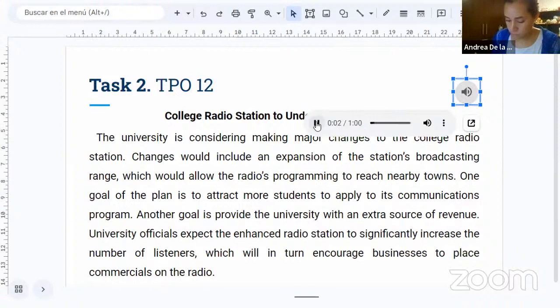Now listen to two students discussing the article. What do you think of the proposal? I think it'll work. I mean, the range of the station now is basically limited to the campus, and so it's basically just a few programs, mainly for students. Yeah? Well, if this proposal goes through, there will be more programs, and it'll give the students more professional experience as they experiment with programming for a much larger, real-life audience.